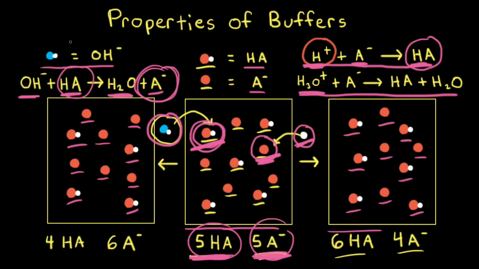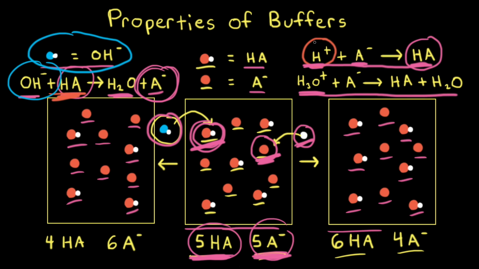If there was no buffer present and we're just adding hydroxide anions to water, the pH would change dramatically. However, with a buffer present, since there is a weak acid HA present to neutralize the added hydroxide anions, the buffer solution resists a change to the pH. So let's summarize how buffer solutions work.